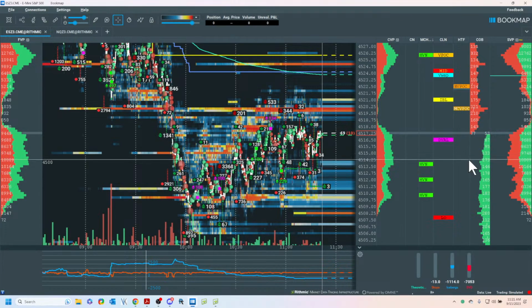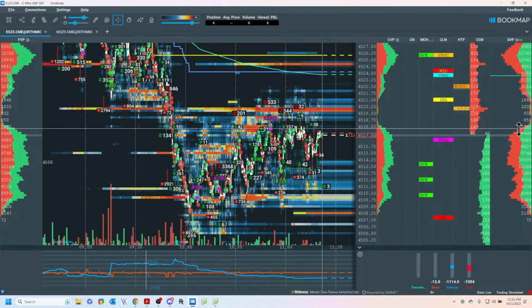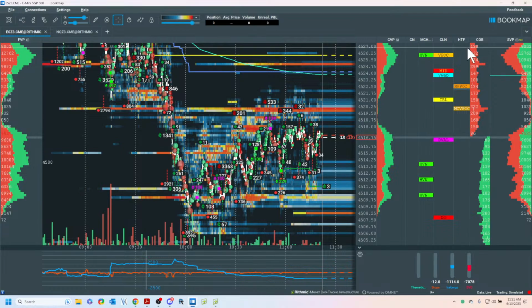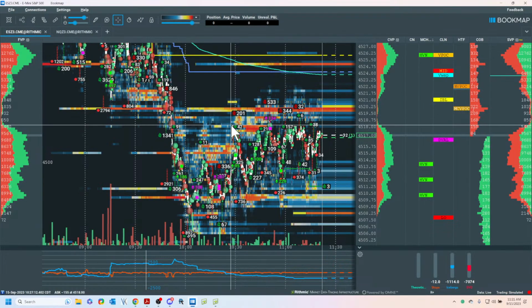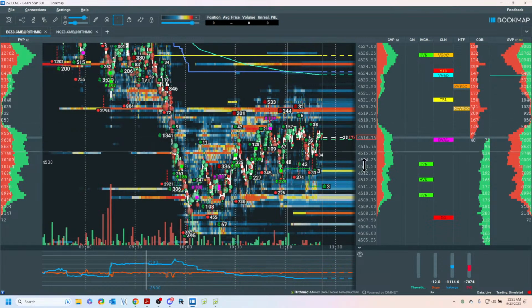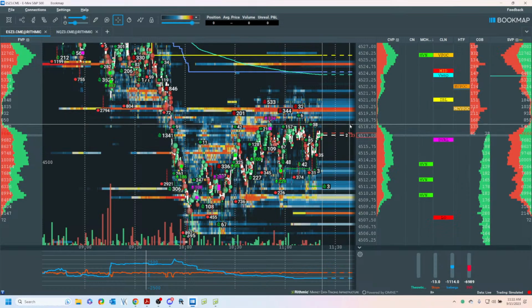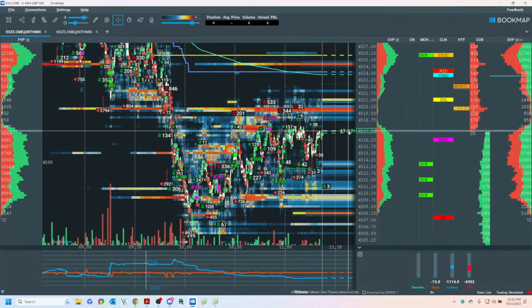Remember, if this is the retail price here, if we come out, remember shopping, this is the current retail price down at that high volume level.